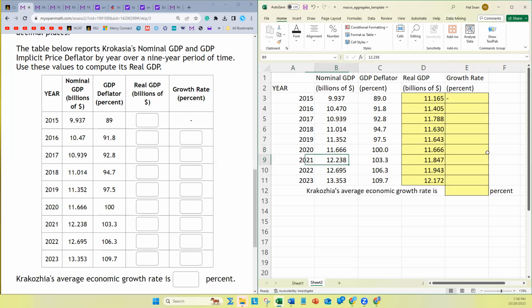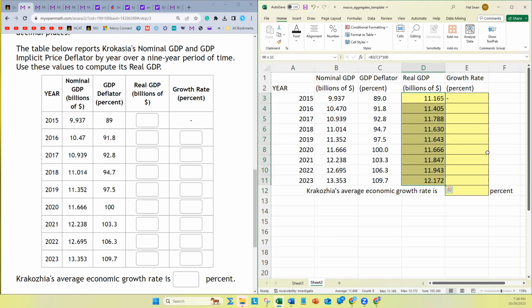And now notice what happens. Now we're deflating every nominal GDP value thereafter, right? Nominal GDP is greater than real GDP the year following the base year, right? We're deflating. That's why it's called the deflator, right?